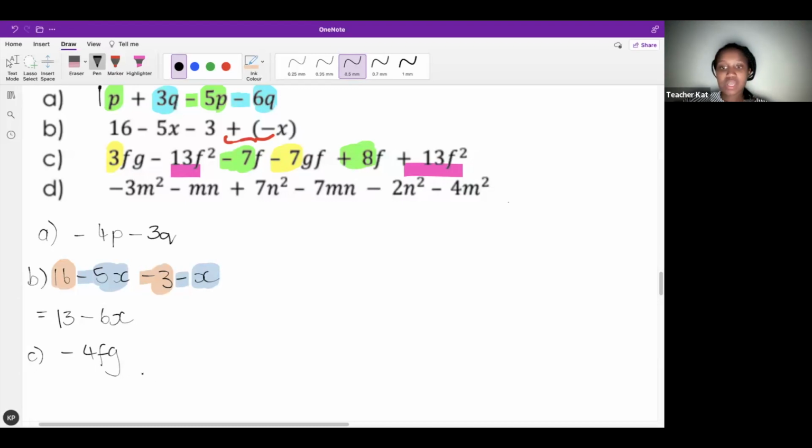Negative 7 plus 8. That is plus F or 1F. And the last one is negative 13F squared plus 13F squared. Negative 13 plus 13 is 0. So do I have to write 0? Do we have to write it? No, it's just gone. Okay.